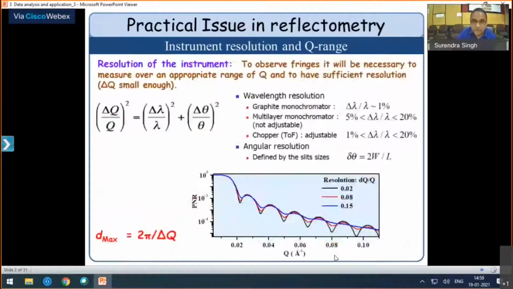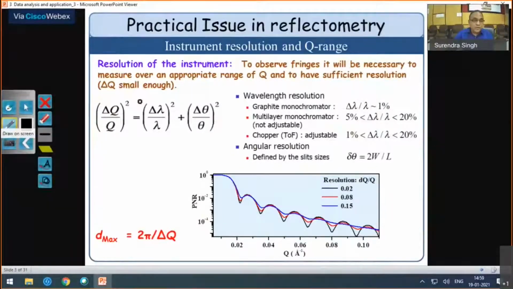Another very important thing is called instrument resolution, which is defined as (delta Q by Q) squared equals (delta lambda by lambda) squared plus (delta theta by theta) squared. As I said, the source of this wavelength spread in case of a reactor source or monochromatic beam is the monochromator, because if our monochromator is not perfect, then we'll have this delta lambda.